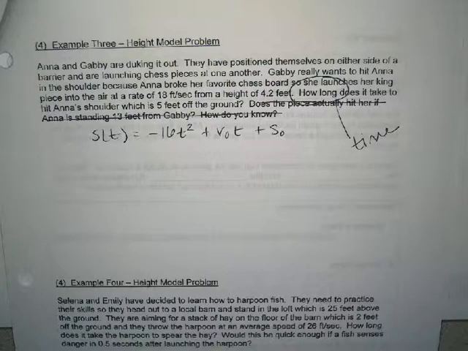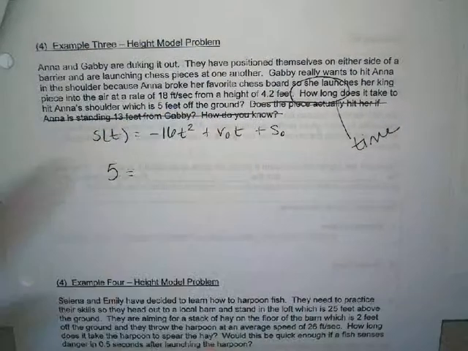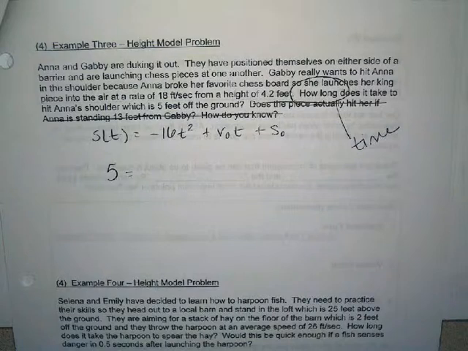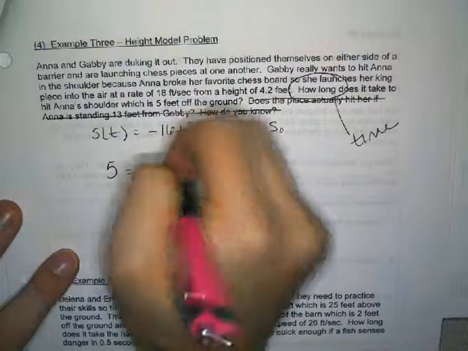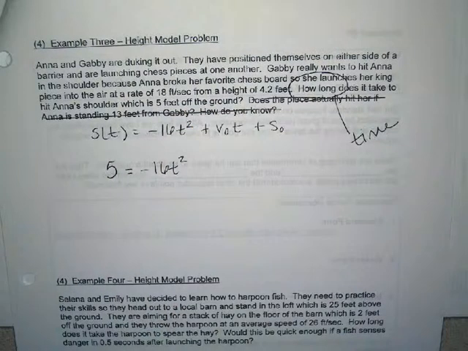Okay, so let's start with s of t. S of t is my desired height. Lucas, what's my desired height? Where do I want this to hit? 5 feet. So 5 is my desired height. 5 goes in for s of t. The negative 16t squared stays as is because I'm solving for t, so I don't know what t is yet.